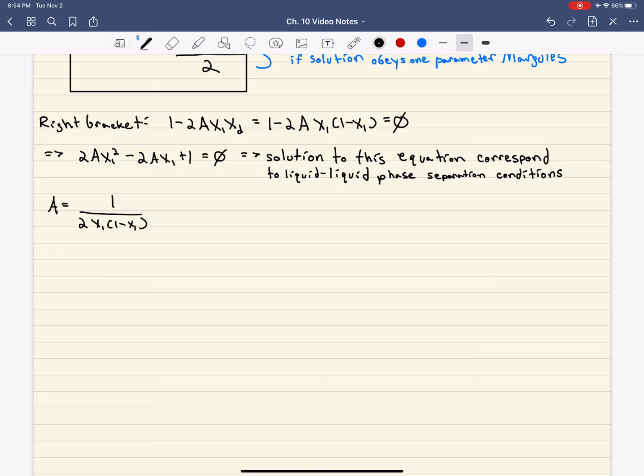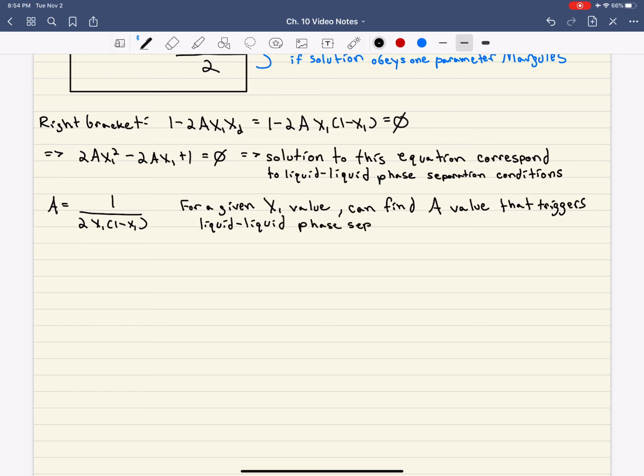Okay. And so what this tells us is that for a given x1 value, we could find an A value that triggers liquid-liquid phase separation in our system. Okay.